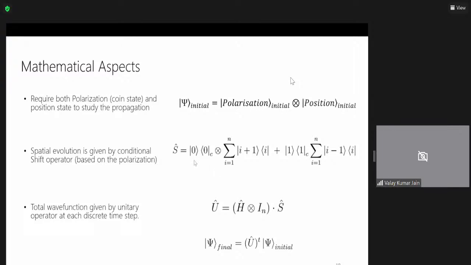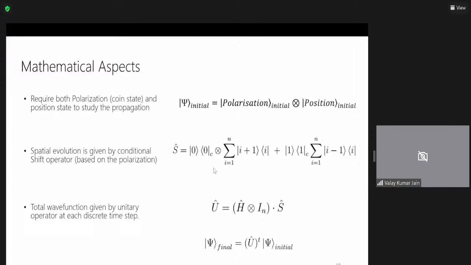Based on the output of the Hadamard operation, you actually have a projection of the operator. And based on the projection, either it can take 0 or 1. Based on one of these terms will hold. And then those terms will actually shift the probability from index number I to I plus 1. There will be a shift in probability over here. You can see that this projects to I minus 1, and this projects from I to I plus 1. This is how I study the spatial evolution.